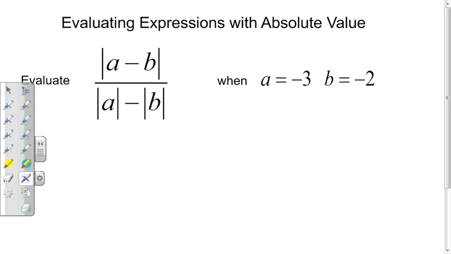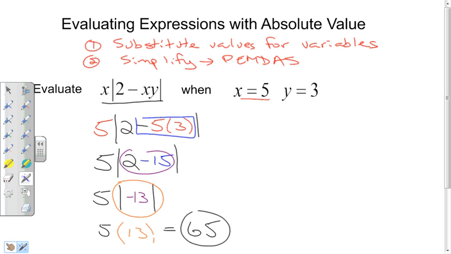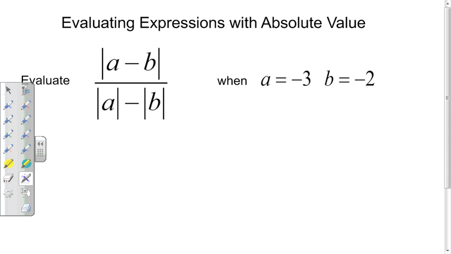So I'll do another example here of evaluating an expression with absolute value. Again, I'm going to follow the general notion of substituting the values in for the variables and simplifying using PEMDAS. So the expression I have is the absolute value of the quantity A minus B, divided by the absolute value of A minus the absolute value of B. So the first thing I need to do is substitute appropriately.